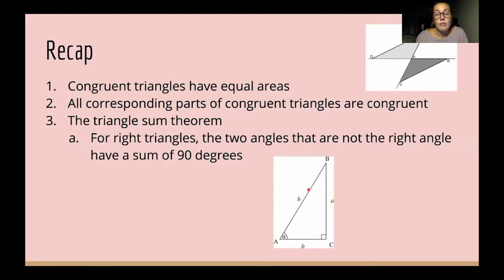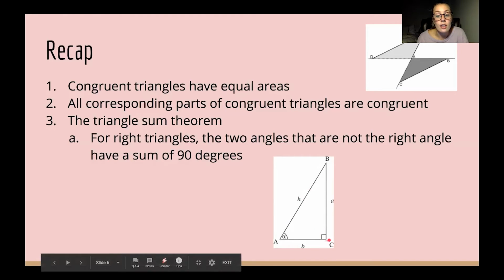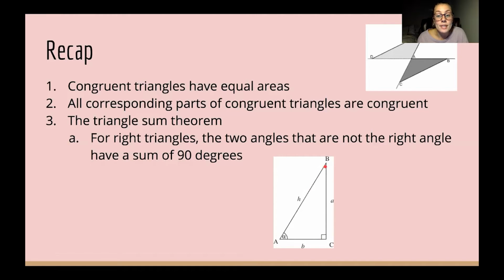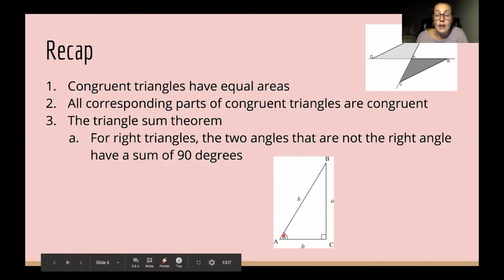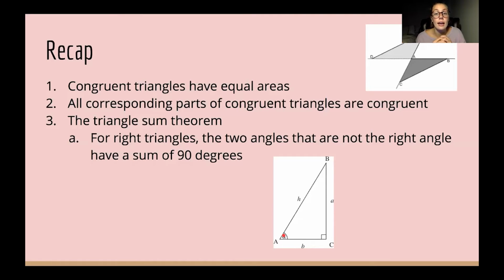Well, if we know that a triangle has 180 degrees in it, and there's already 90 degrees that this angle is, then that means angle B and angle A have to add up to be 90, because 90 plus 90 is 180.